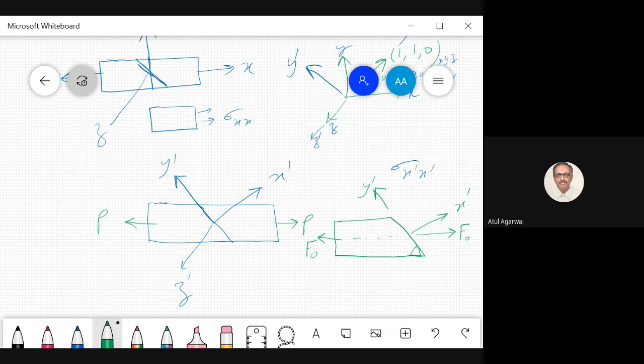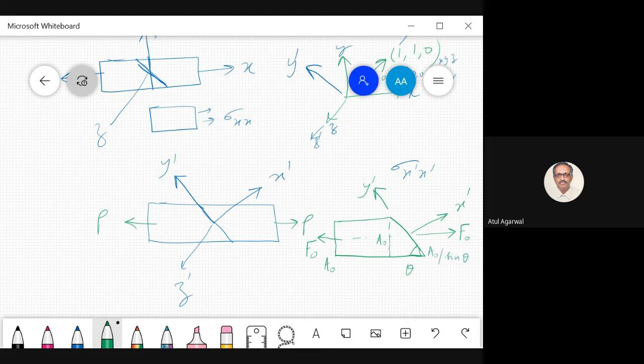If this angle is theta, and if this is area A naught, so what is this area? A naught by sine theta.